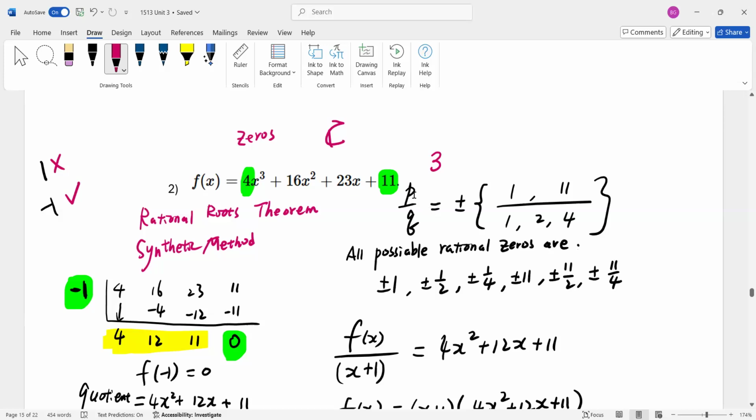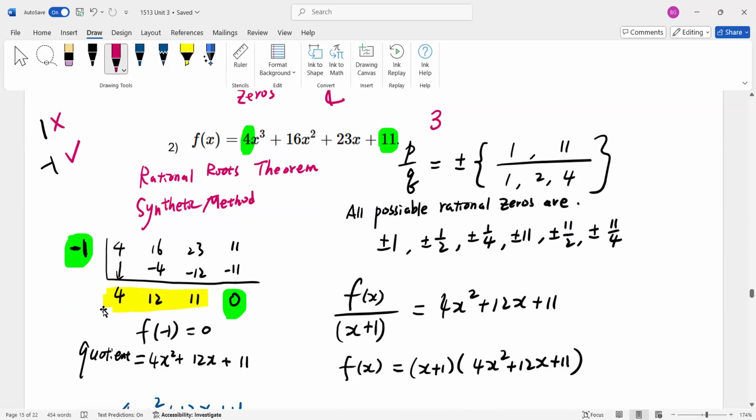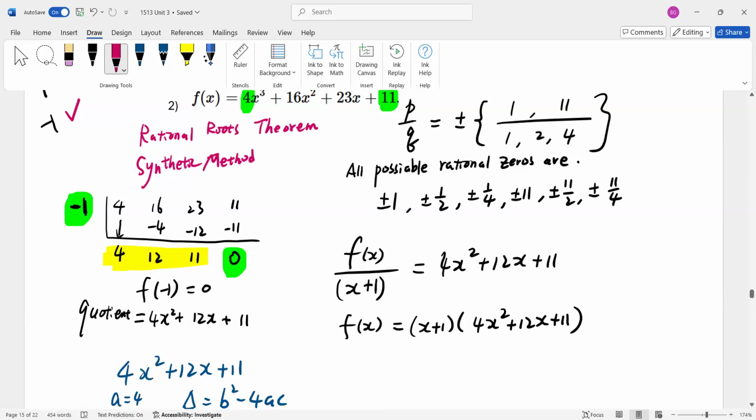We find all the 12 possible rational roots, and we tried a couple, and we got lucky. The second one we tried is an actual 0. How do we know? Because when we apply the synthetic method, the remainder is 0. The remainder is 0 means f of k equals 0, means k here, -1, is a root.